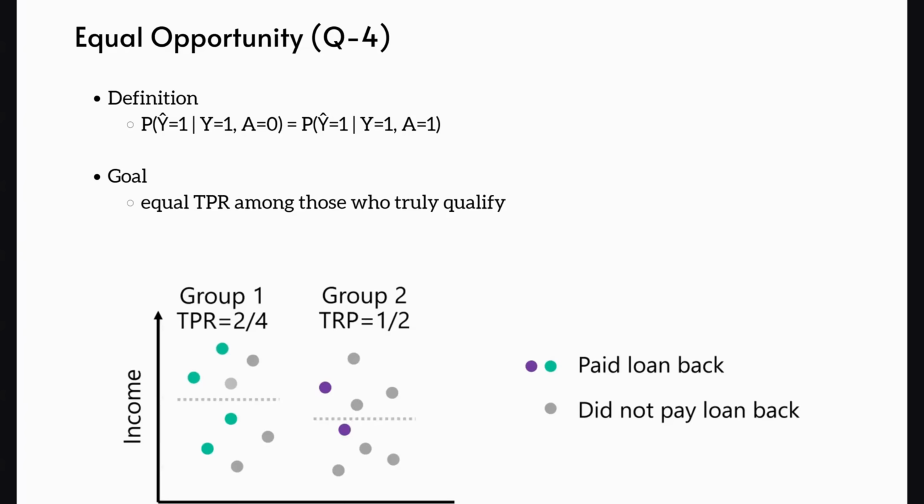It's only among those who qualify. It takes into consideration who is trustworthy, but does not account for who is not. It does not penalize anyone if they are not trustworthy, but if you are trustworthy, there has to be equality between you.